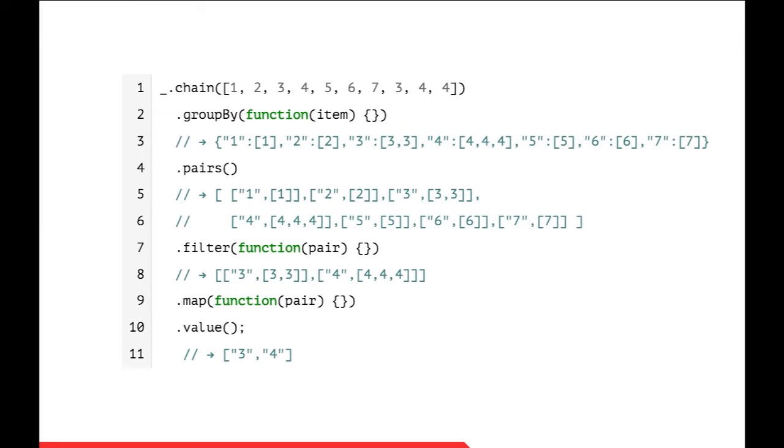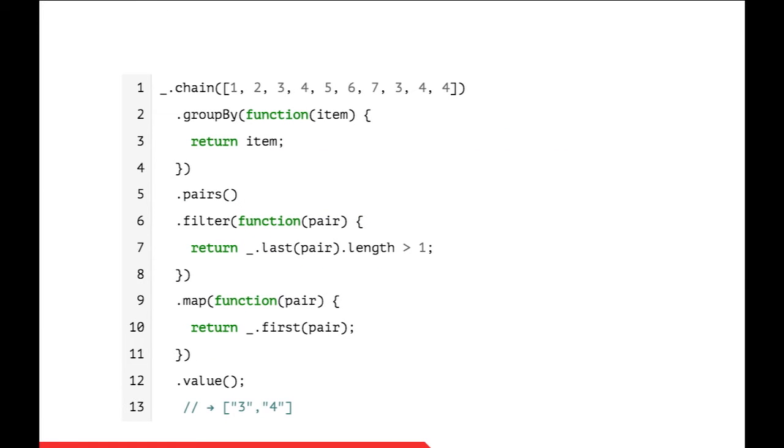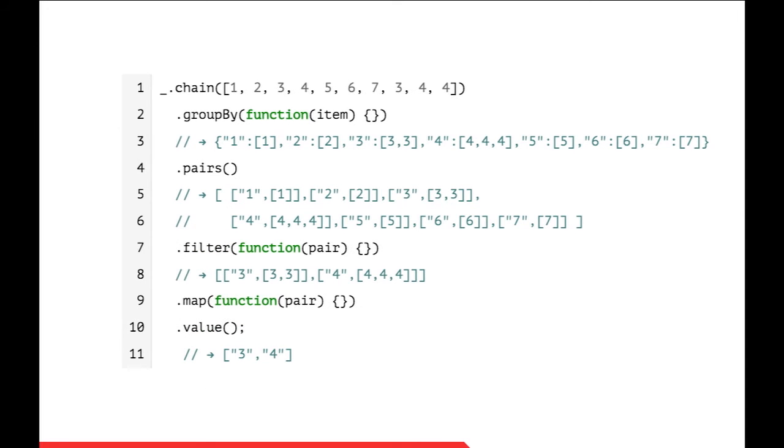And then we filter it. Here's the code. We take the last of the pair, that is the resulting array, and check if its length is more than 1. Here's the result.